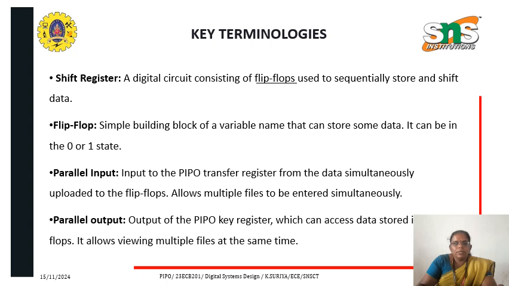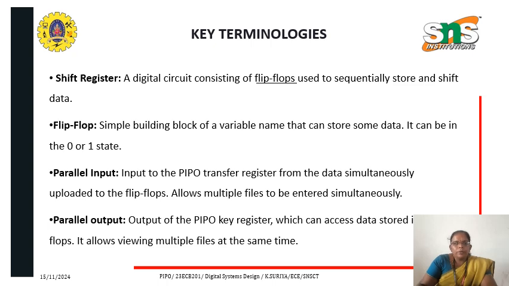We'll see few key terminologies related to parallel in parallel out shift register. So you know that a shift register is a digital circuit consisting of flip-flops used to sequentially store and shift the data. Flip-flop is a simple building block that can store some data. It can be operating in 0 or 1 state.